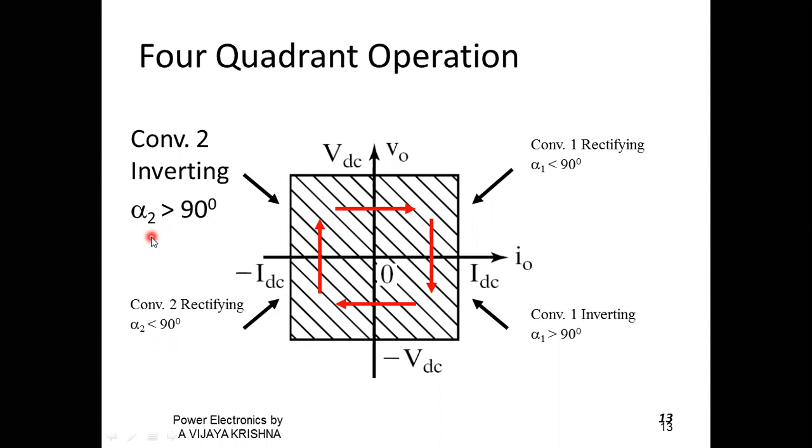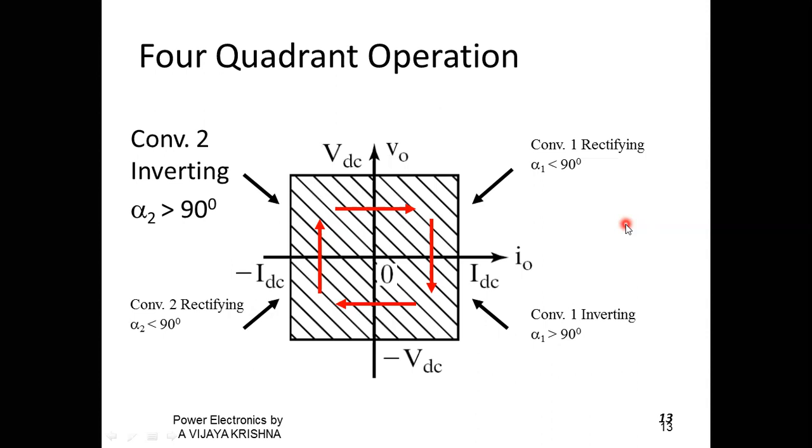Alpha 2 is the firing angle for the converter's second circuit, and alpha 1 is the firing angle for the converter's first circuit. We are using two circuits for operating the system.